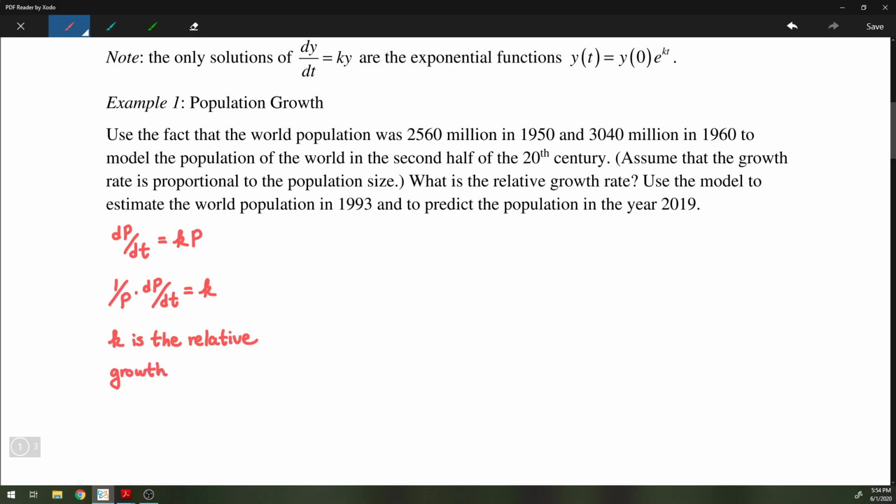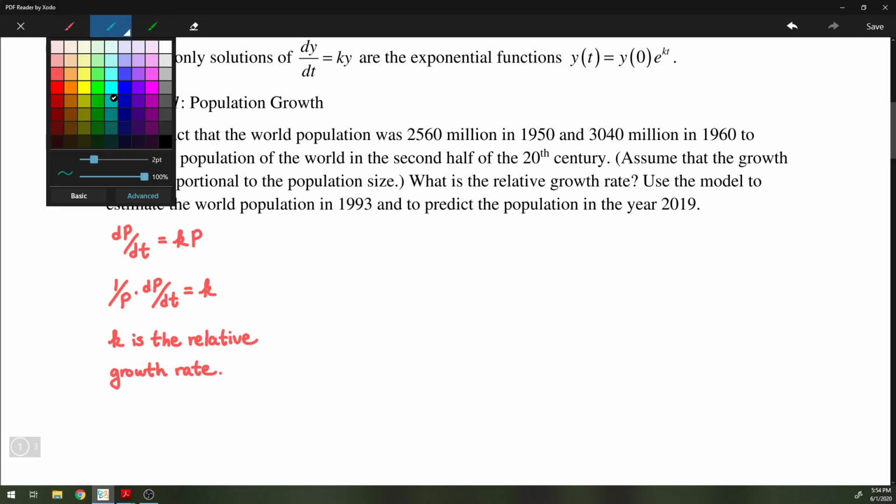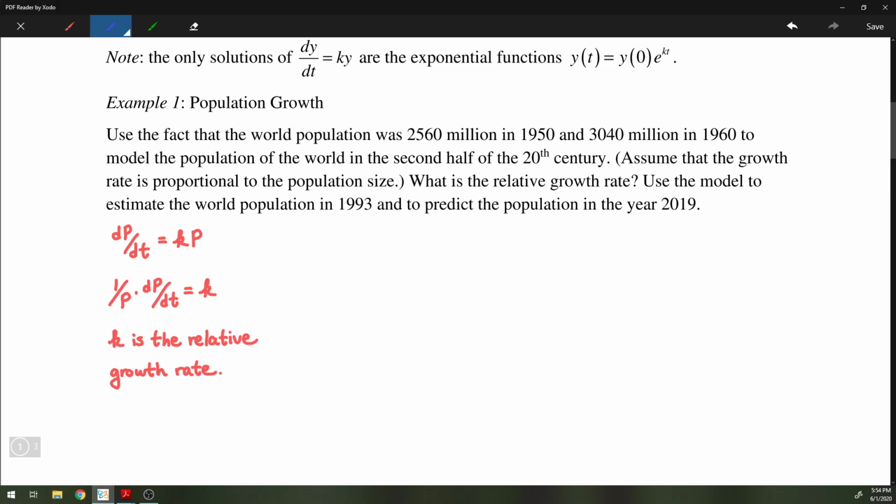Okay, so now what we can do is we can use the data that's given to us to solve for k. Okay, let's see how that works. We know that since we have an equation of the form dp dt equals k times p, the solution must be in the form p of t is equal to p0 times e to the kt power.